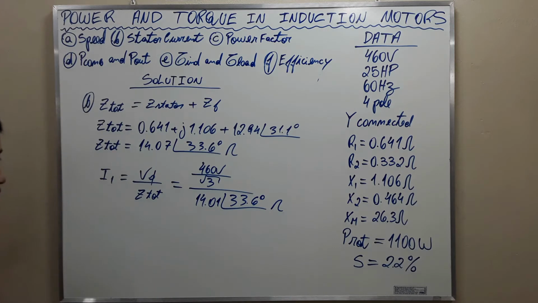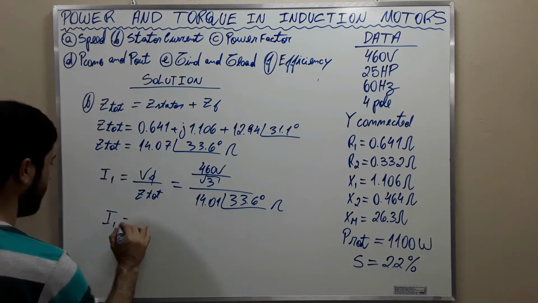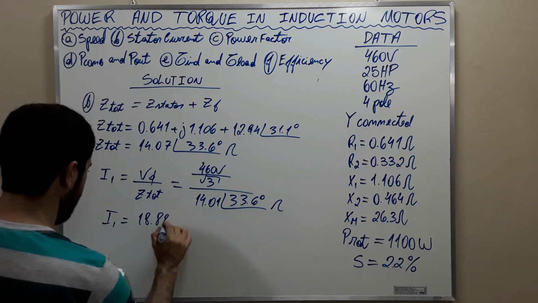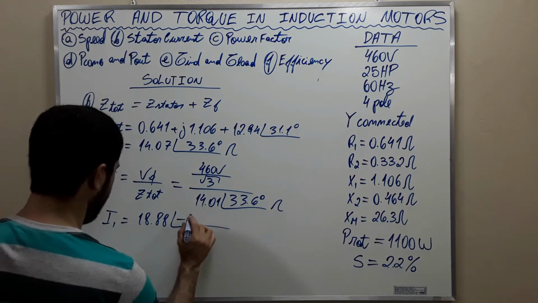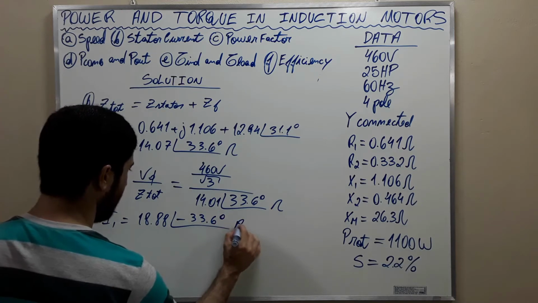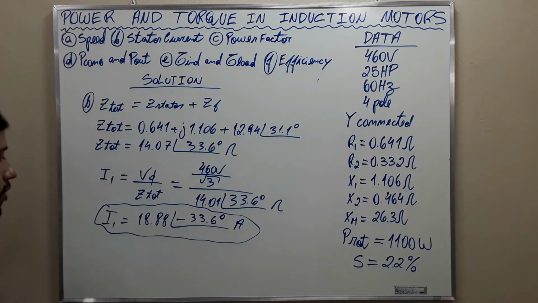And then ultimately we find the value for the current, 18.88 in the phase negative 33.6 degrees amperes. This is the result of letter B, the stator current.